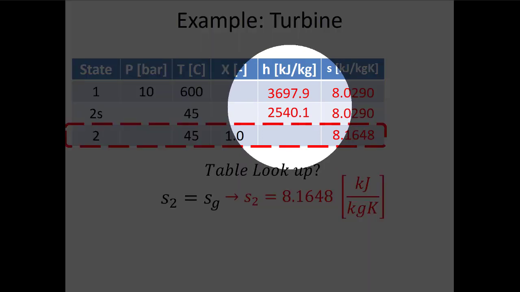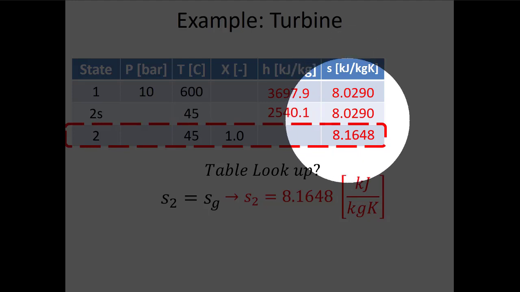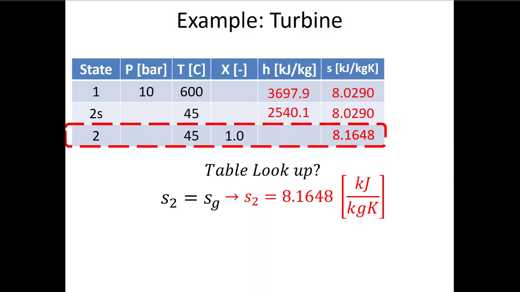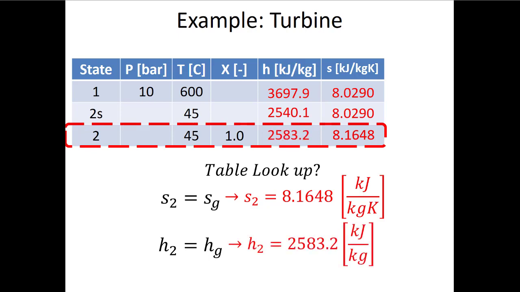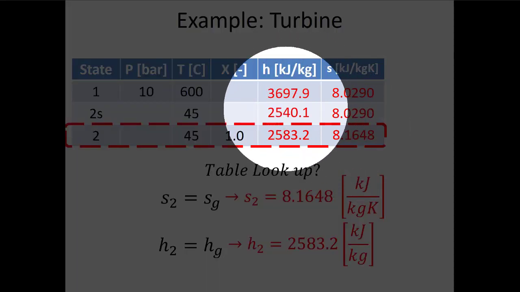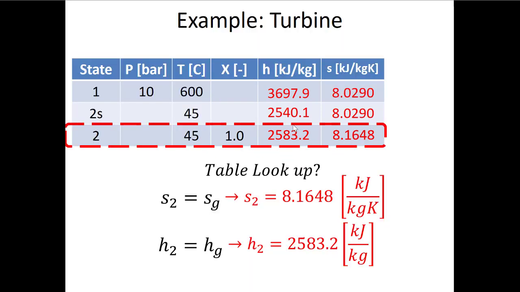And now I see that this does make sense because s is increasing, which is what I'd expect for a turbine to get positive entropy generation. Now I can find h2 by just finding hg on this same row of my two-phase table where the temperature is 45 degrees. I can look this up, and now this is 2,583.2. So we didn't reduce the enthalpy of the fluid quite as much as we did in the ideal turbine.